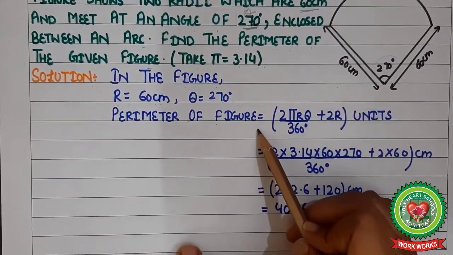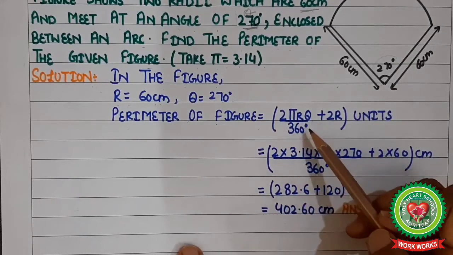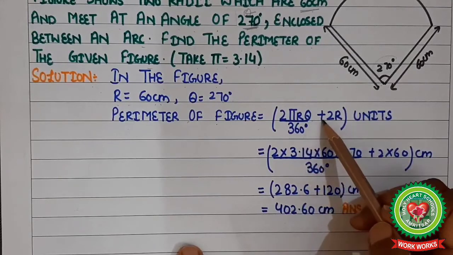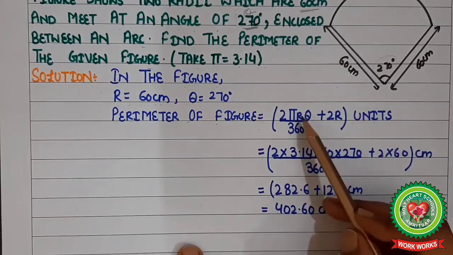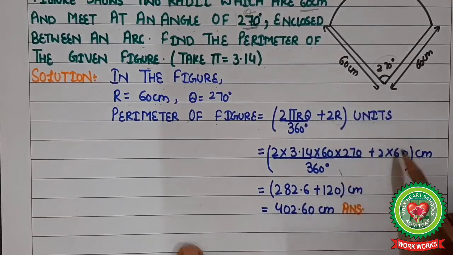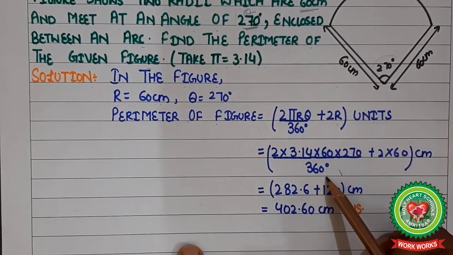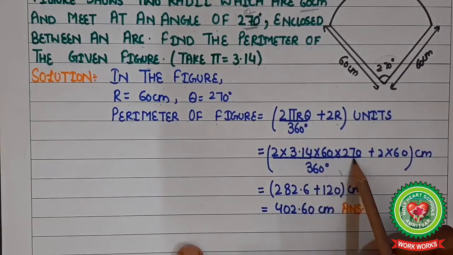So perimeter of sector is equals to 2 pi r upon 360 degree theta plus 2r units. Now here put the values of pi, r and theta. So here we will do the cutting.